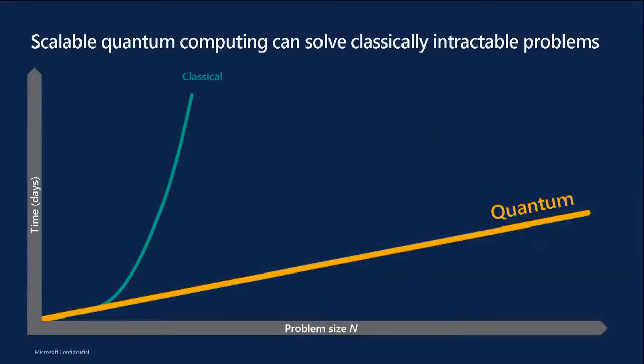So what I'm showing here is, as the problem size of some of the examples I gave you increases, normal computing grows exponentially so fast that the age of the universe is not enough to solve some of these problems. You could compute for as long as the universe has existed.